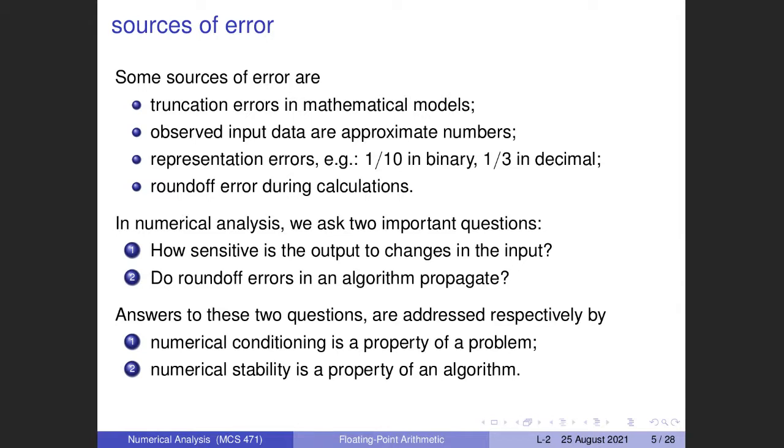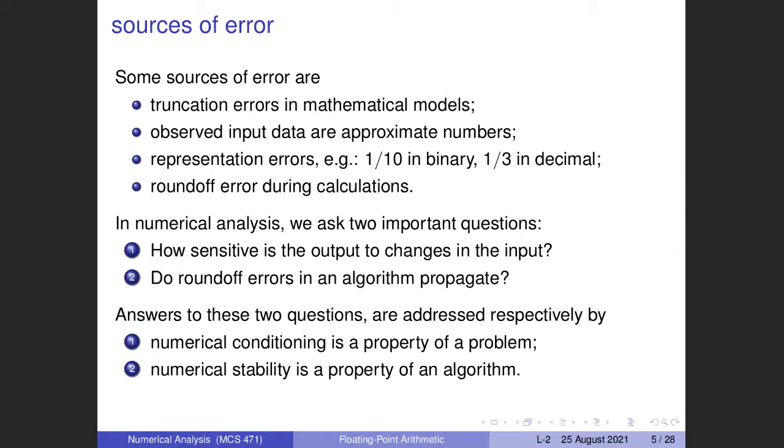So regarding accuracy, we ask actually two important questions. If we change the input a little bit, then how does the output change? And actually, I started this sentence wrong. We can also think backwards. So if we have the output, and if we change that, what will the input change?